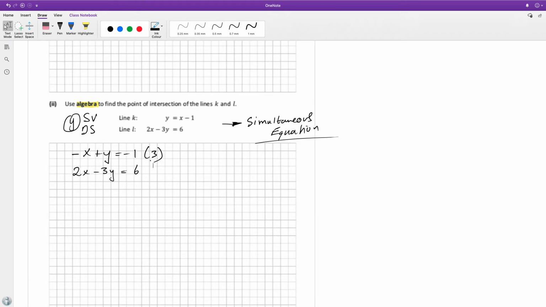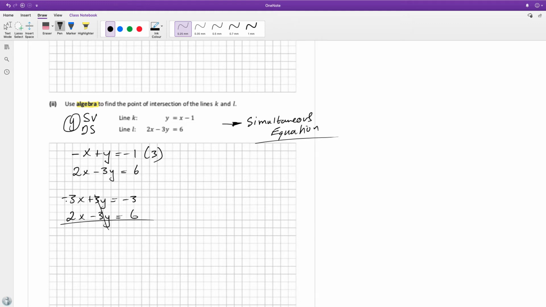Right, guys, what do we get? Right, so we have minus 3x plus 3y is equal to minus 3, and 2x minus 3y is equal to 6.